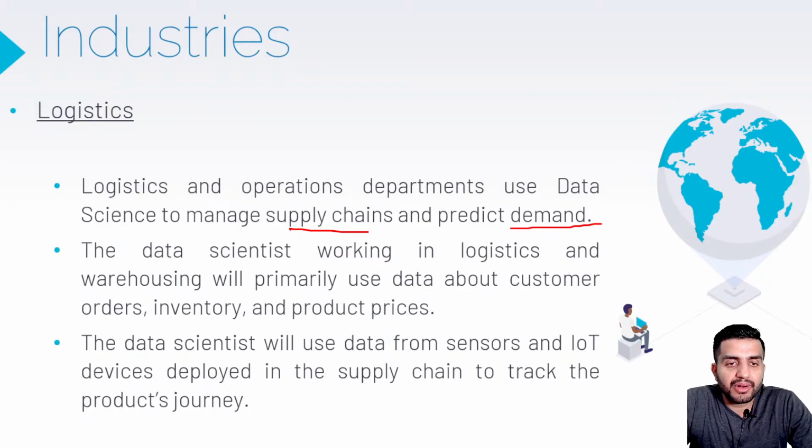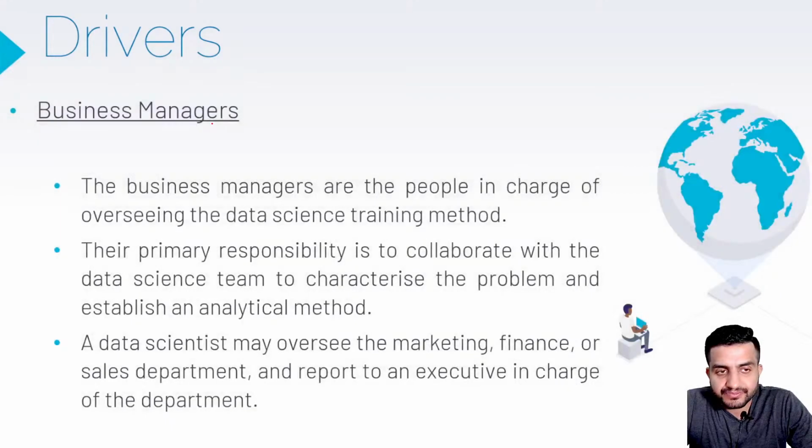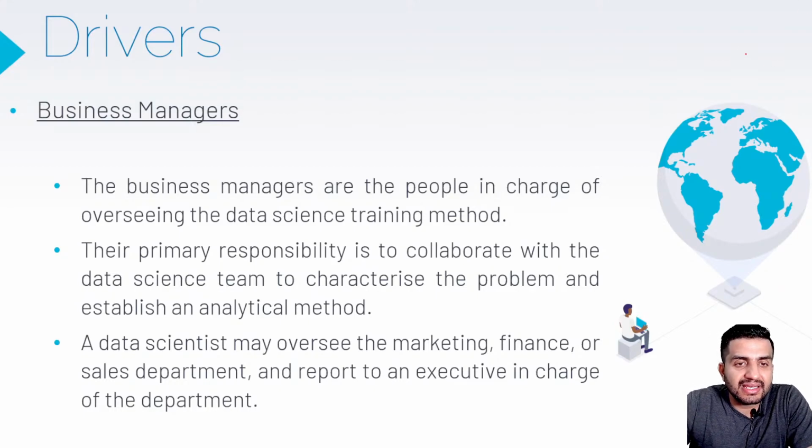Now comes the very important part of understanding who drives these entire business solutions. We have prominently three different types of industry-level experts who drive these solutions. First, we are talking about the business manager. Then we talk about the IT manager.